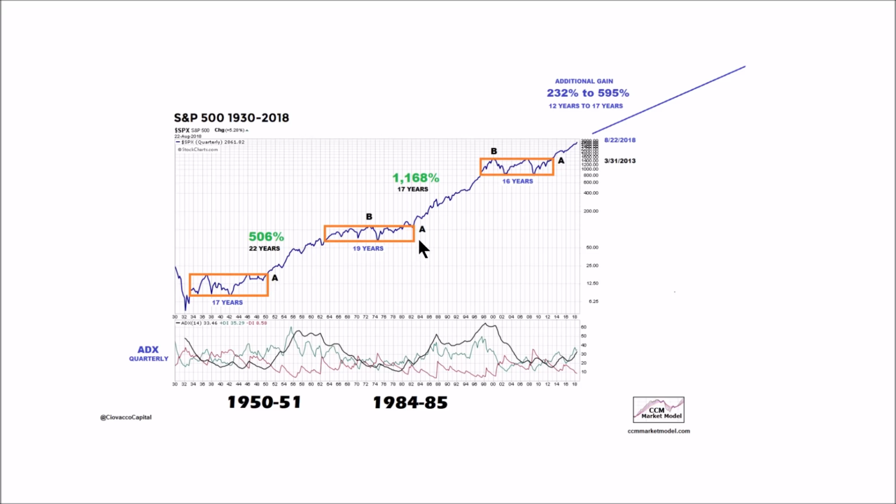And in this case, the rally lasted an additional 17 years, and the stock market tacked on an additional 1,168%. And in that video, we said, if something similar happened in the present day, we should remain open to an additional rally that could last an additional 12 to 17 years, and the S&P could tack on somewhere from 200 to 600% in round figures.